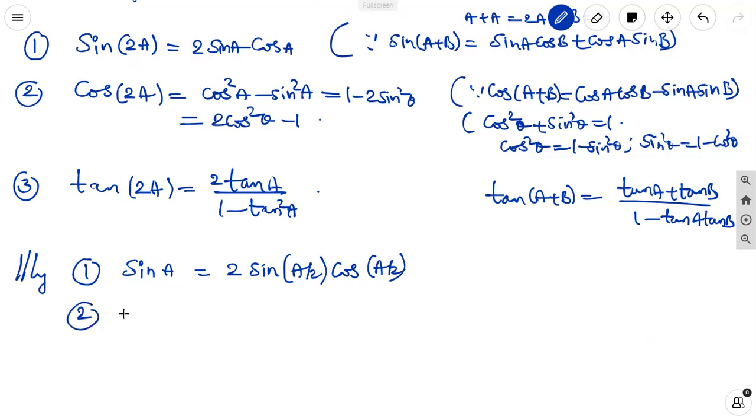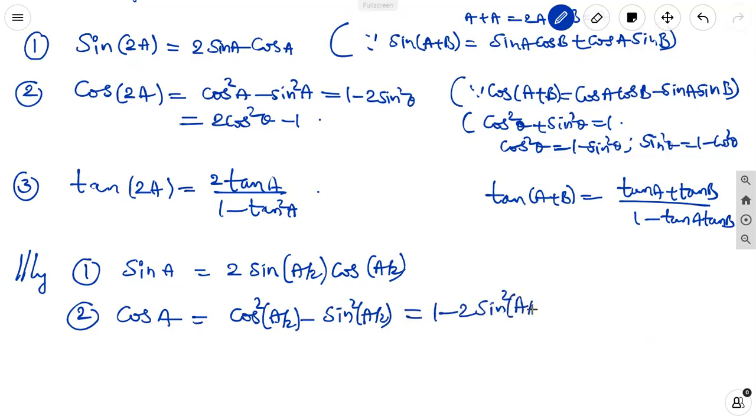In the same way, the second one is cos A is equal to cos square of A by 2 minus sine square of A by 2, or 1 minus 2 sine square of A by 2, or 2 cos square A by 2 minus 1.